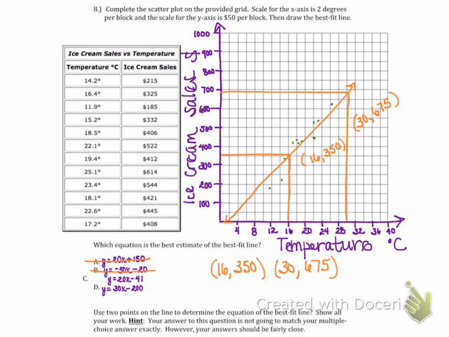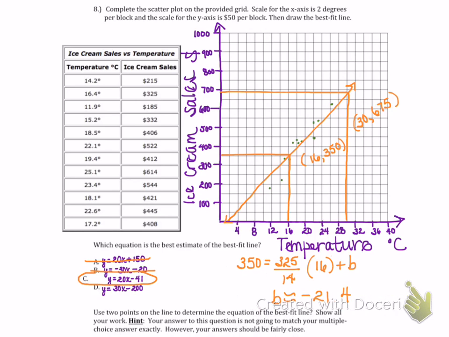So let's find the slope between those two ordered pairs. I'm finding that the slope is about 325 over 14, which is about 23.2, and that's closer to the 20 than it is to the 30 for the slope for D. And the last thing I want to do is find the y-intercept and make sure that's in the ballpark of negative 41.